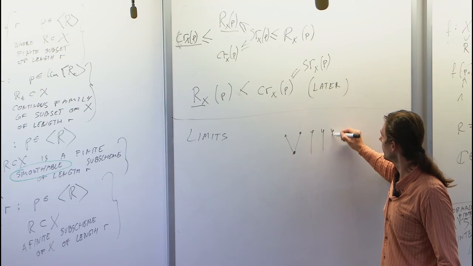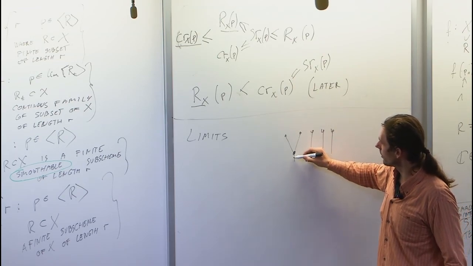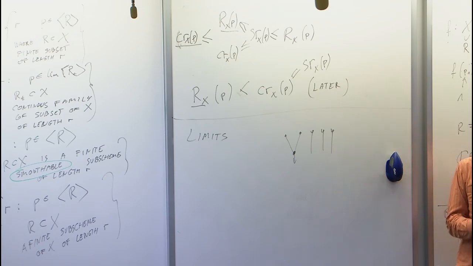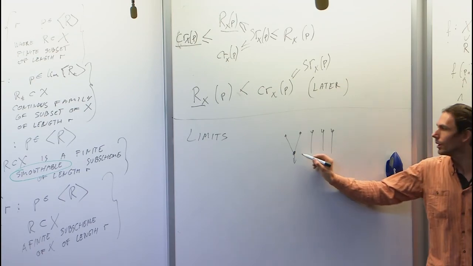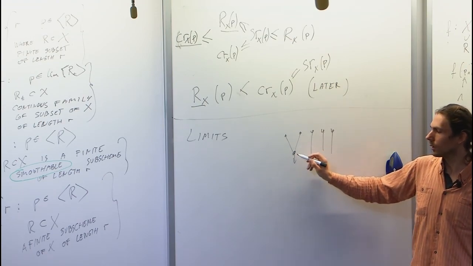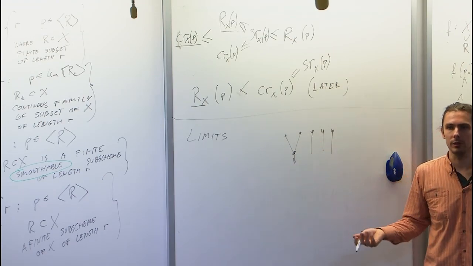So there is a family, and all of a sudden some of them collide. And what we get in the limit, we want it to be in some sense continuous, so we should better count the limiting collision point with multiplicity.